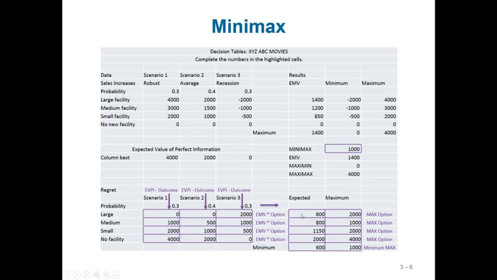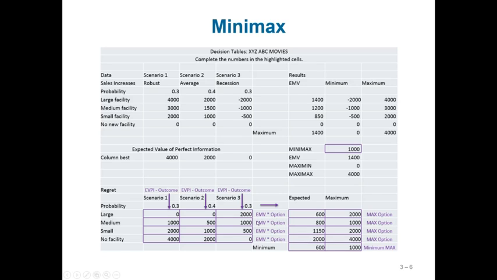So for each option, you come up with what your expected value is on this, and then you try to find the minimum of these. So what's the maximum regret that you could find here, and minimize that out, and that's going to be 600.